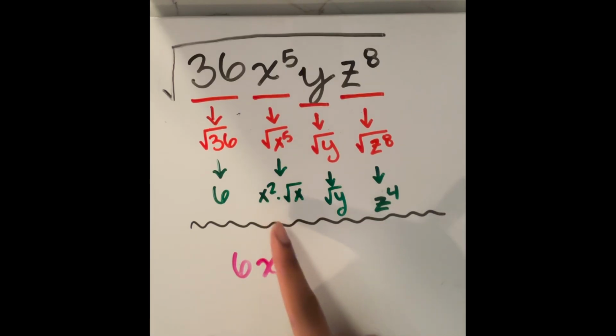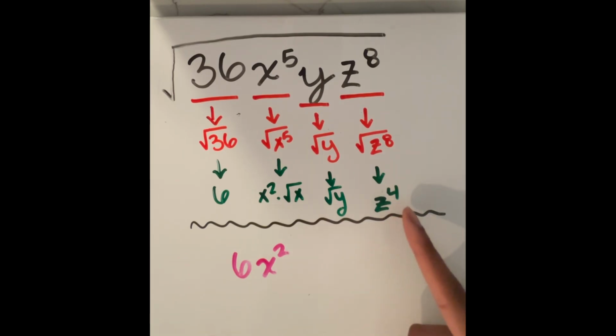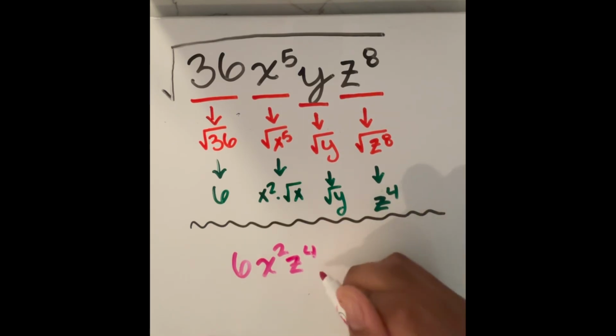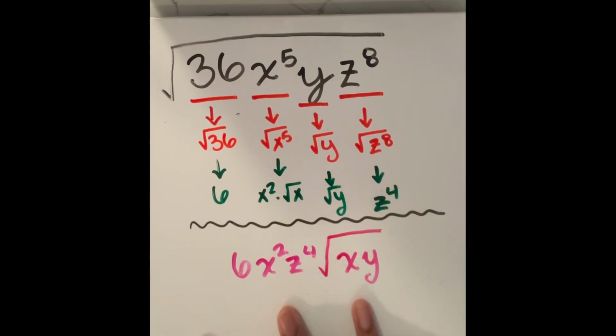And then our next term that's outside of the radical, doesn't have the square root, is our z to the power of 4. And then we'll do our radical expression, and we only have 2 terms under the radical, which is x and y. So this will be our final answer: 6 times x squared times z to the power of 4 times the square root of xy.